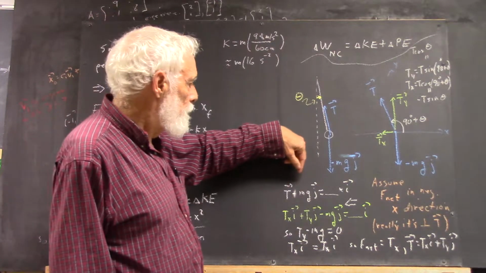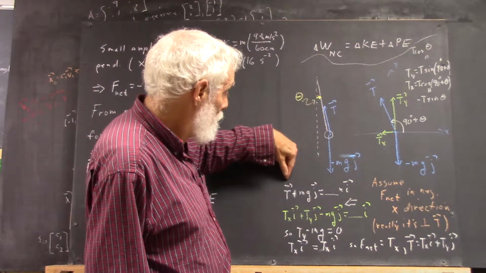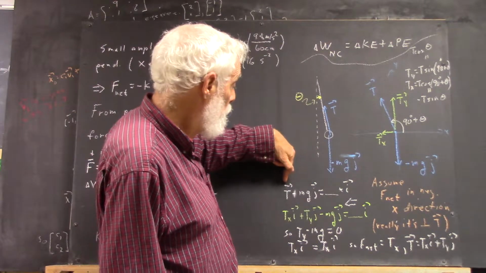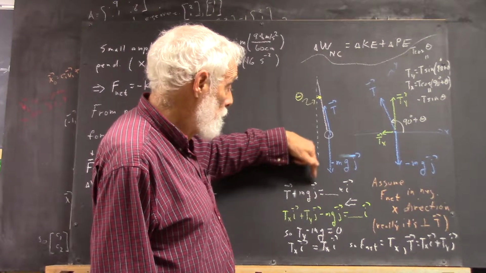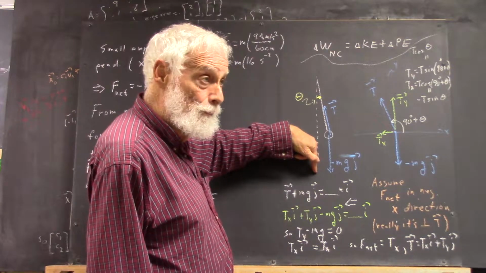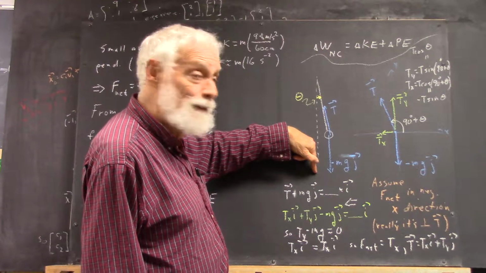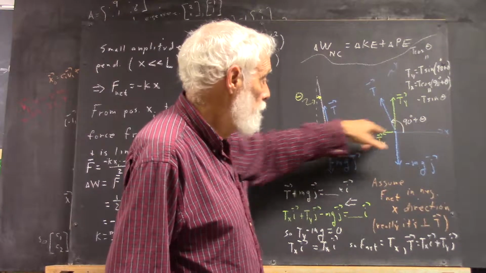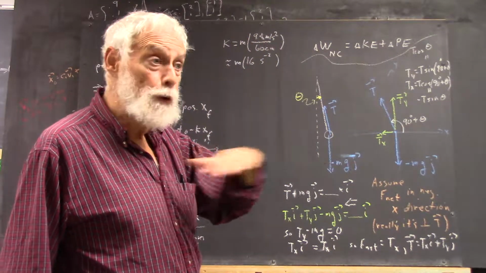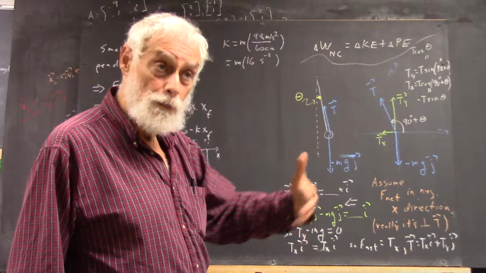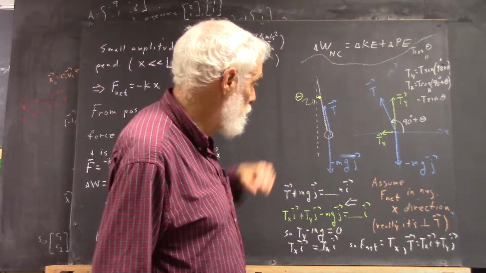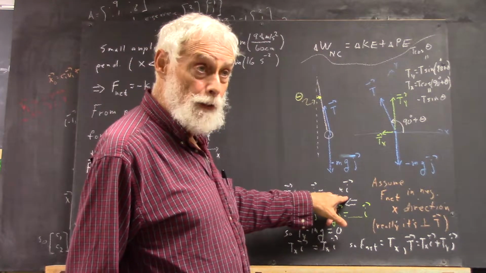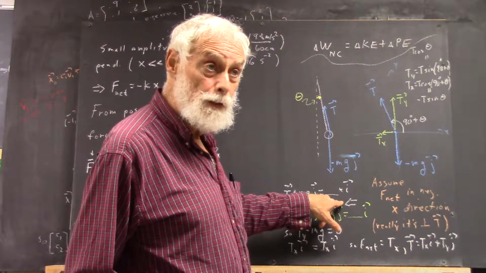So the net force is the tension force plus the gravitational force, which is the T vector minus mg j vector. Now our hypothesis is, again, accurate only if theta is small, that the motion is in the x direction. Motion is horizontal. It's kind of what it looks like, kind of what it feels like, though not completely true because of what I just said. Meaning that the net force is going to be a multiple of the i vector.